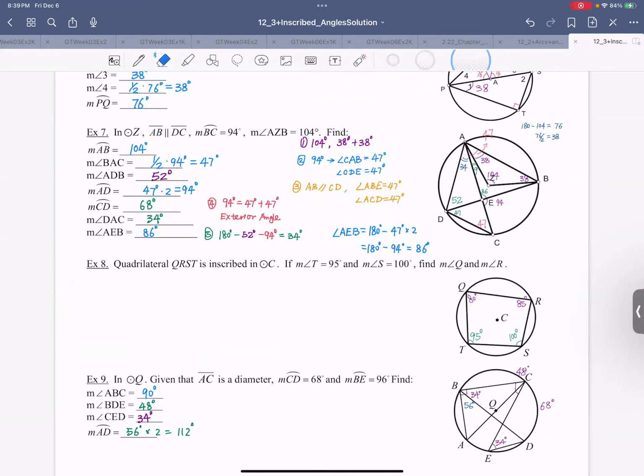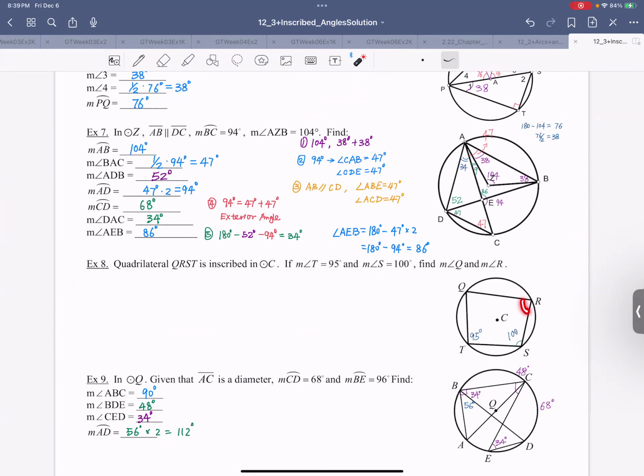That's an easy one. Shouldn't be tough. Emma, go. T is 95, so I mark here 95. S to be 100, so I mark here to be 100. How much is this? Go. Look at your notes.